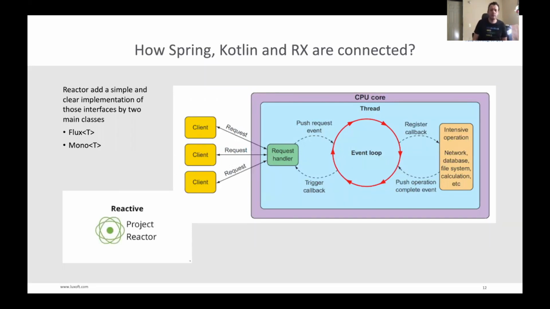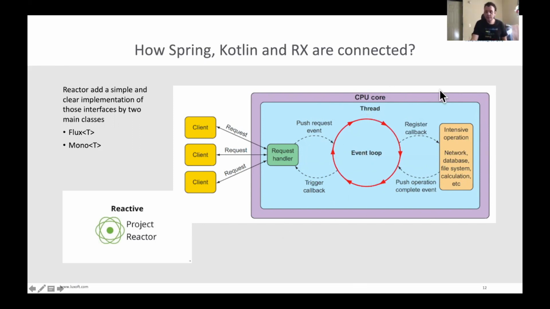Also, how does it work? We talked a little bit about Node.js, which has a single thread and is based on non-blocking I/O. The sense of non-blocking I/O is based on an event loop, the same event loop that we have in Node.js. And inside Reactor, we have this same architecture. As you can see here, we have the CPU core, and inside of it we have a lot of threads, but every thread has an event loop.